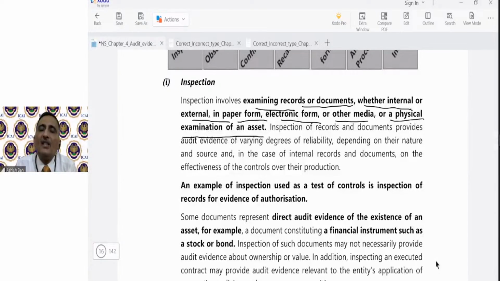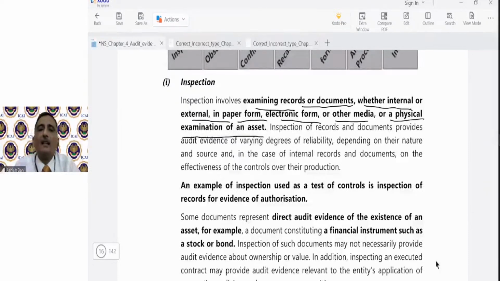These may be internally generated. These may have come from external sources. These may be in digitized form. These may be in electronic form, or when you physically see an asset, physically examine an asset. So it is the meaning of inspection.